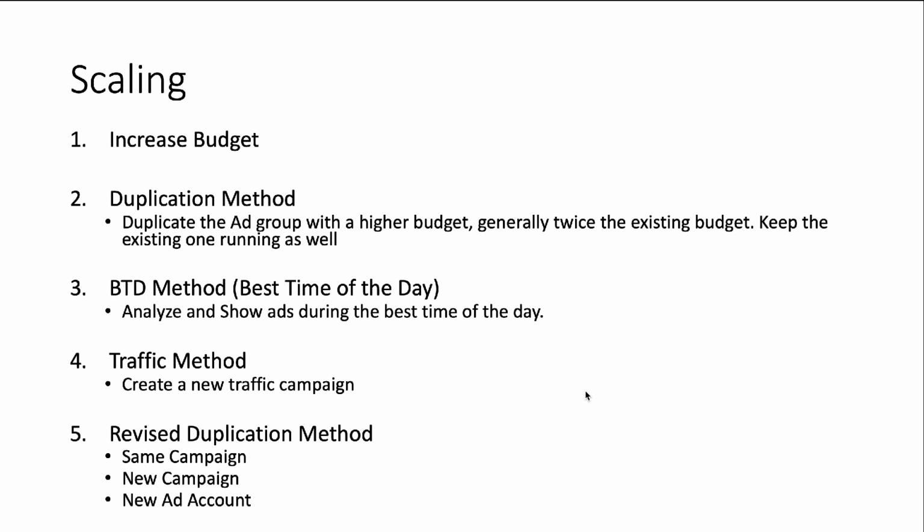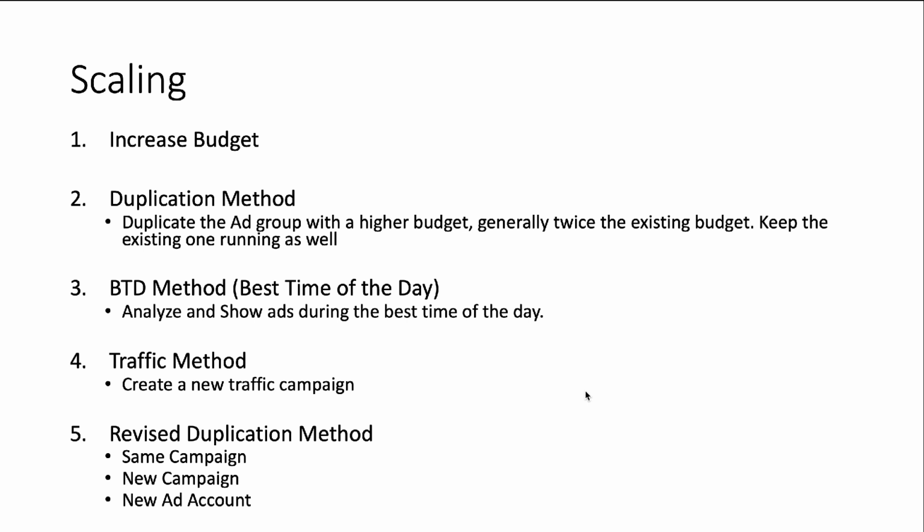Now, if you remember, I had earlier told you that you do not touch the ad group which is performing well, so that stays the same. So what you do here, you see the first method, that is increase the budget. So of that ad group, gradually increase the budget. This is a slow scaling method wherein you do not aggressively scale, but step by step you are increasing the budget.